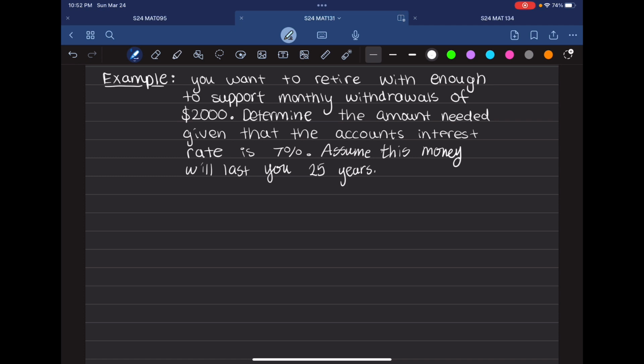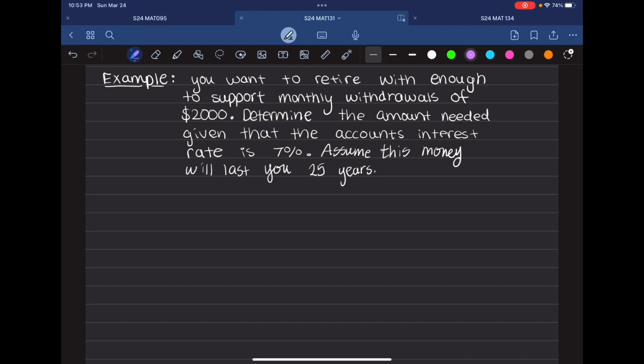So suppose we want to retire with enough money to support monthly withdrawals of $2,000, and we want to figure out the amount that we need to have saved up where the account's interest rate is 7% to support this, and we're assuming that we want this money to last us 25 years. So we can set up the formula.